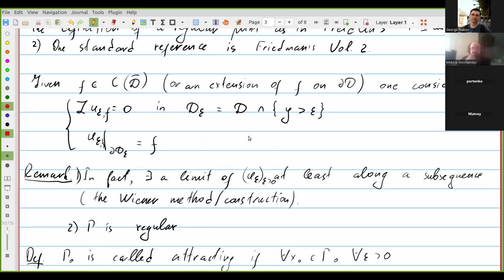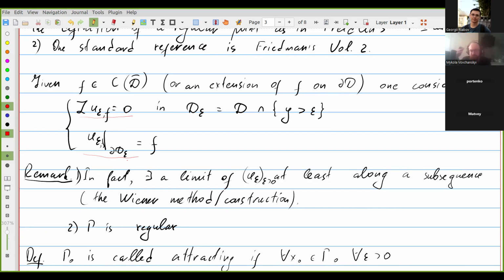So if we have a function given on a boundary, or already an extension of this function on the whole closure of our domain, then obviously one can consider some exhaustion procedure to define such types of solutions of elliptic PDEs, and under a good set of conditions there exists a limit.